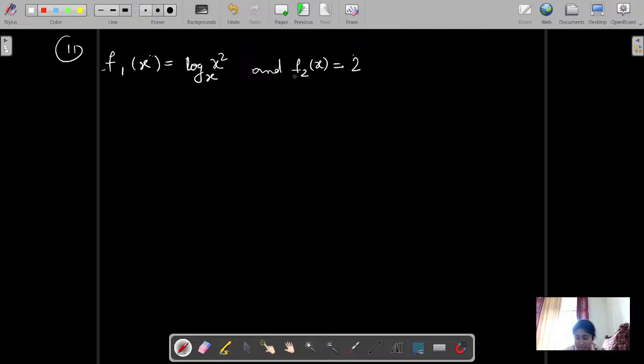Okay, that is equals to 2. Now what we have to do, if f1(x) is log x base x square, and f2(x) is equals to 2.